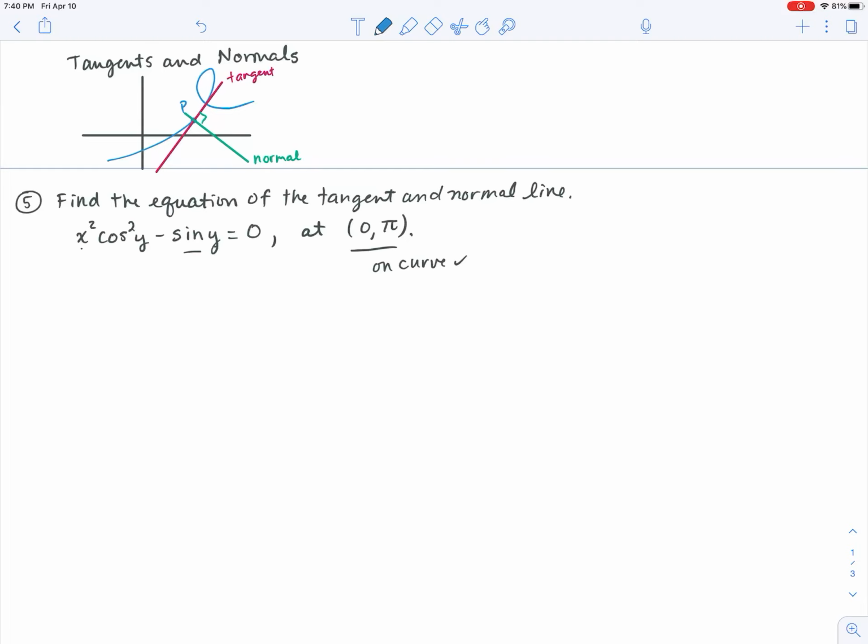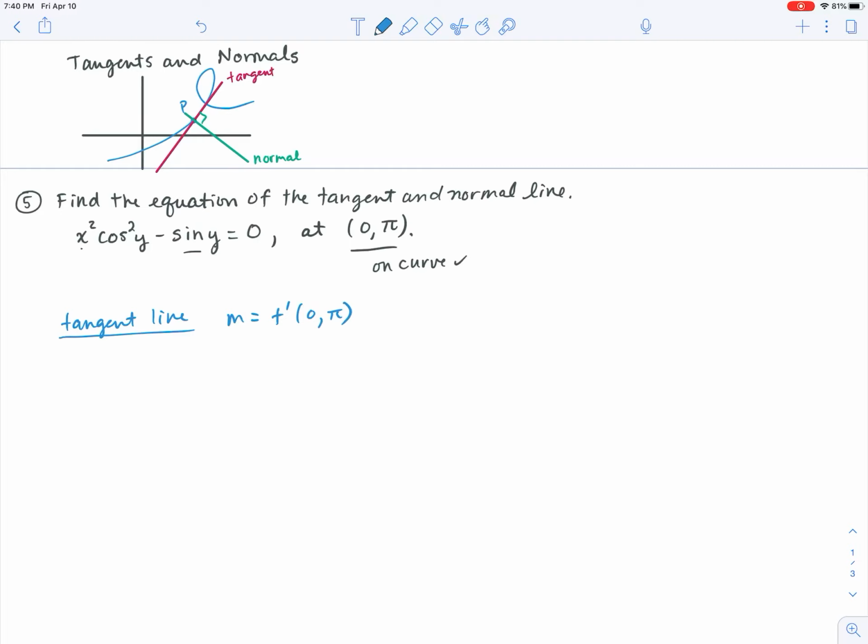Okay, so let's take the derivative, and the derivative will give us the slope. For the tangent line, we need the slope, which is going to be the derivative evaluated at (0, pi).